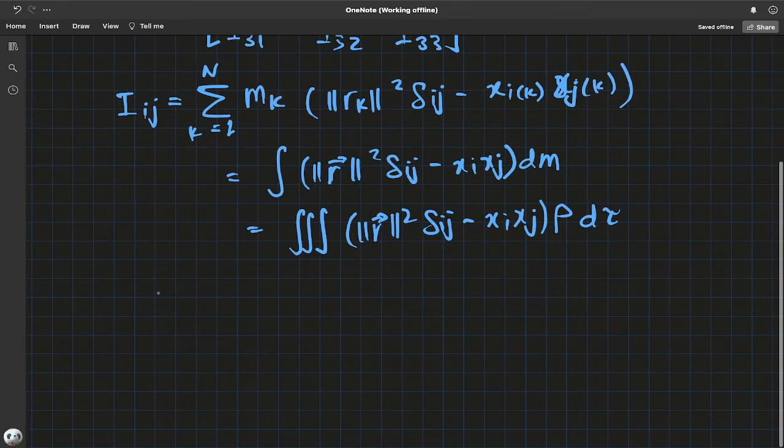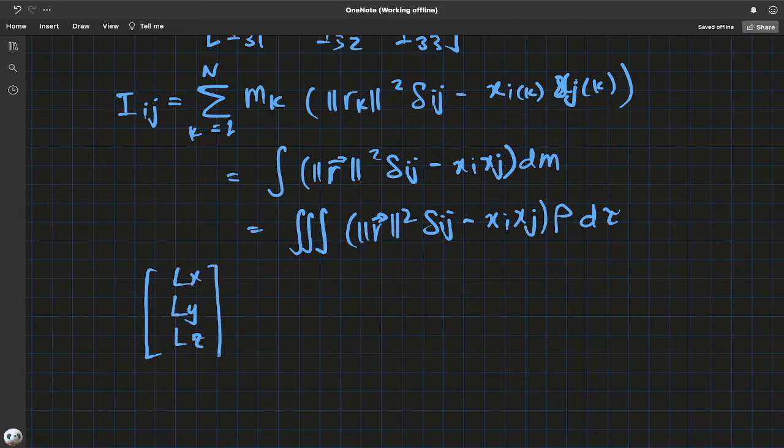Okay, the inertia tensor is important because if we have, say, the formula for the angular momentum, we're going to have the inertia tensor. At least I'm differentiating the x and y now. I'm not using numbers anymore.